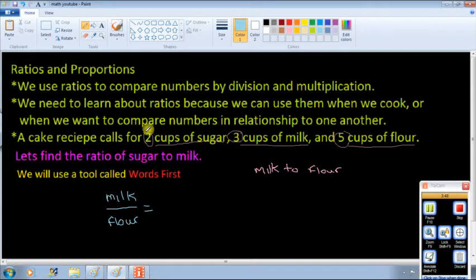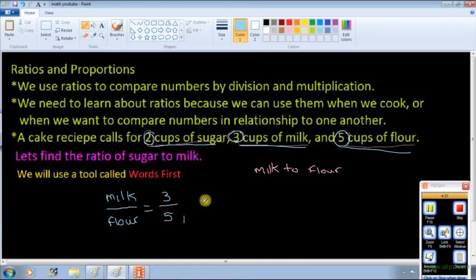The cake recipe calls for, again I'm going to do all the important information, 2 cups of sugar, 3 cups of milk, and 5 cups of flour. Well, let's see what our ratio in words is looking for. Let's say it's milk. So here we have milk, and it says 3. So again we said it, milk goes with milk. And we have flour, and here's the flour. We have 5. Flour goes with flour.